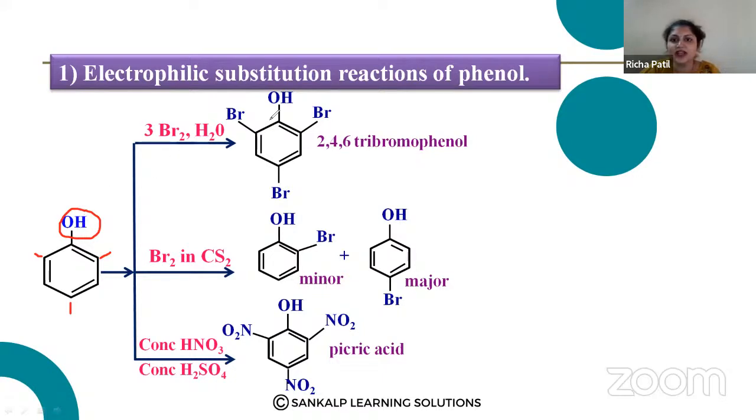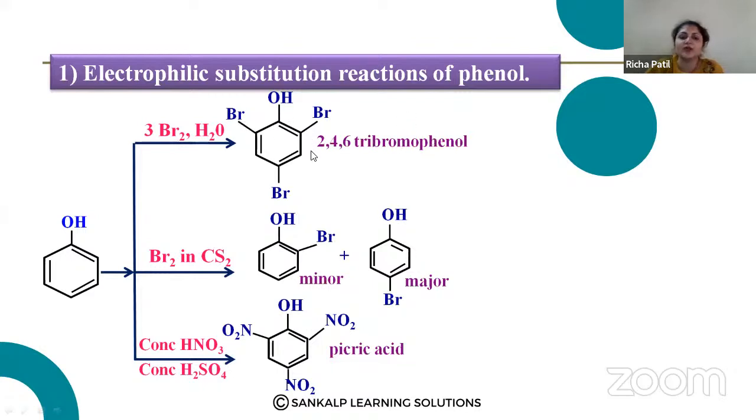So we'll see some of the substitution reactions on phenols. First, when you take 3 moles of Br2, bromine, in water, what you get is 2,4,6-tribromophenol.